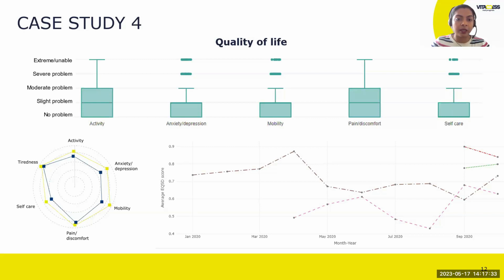So you could say that as things progressed with COVID, which is an external condition, the quality of life of some of the participants did decrease. This helps you to correlate and compare between participants and the different factors which you want to correlate as well.